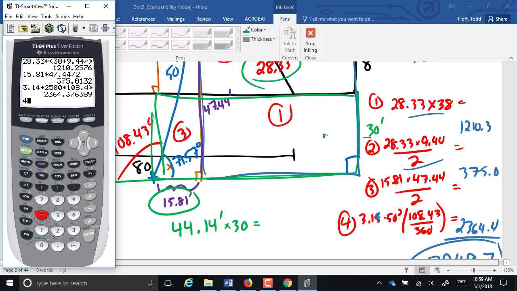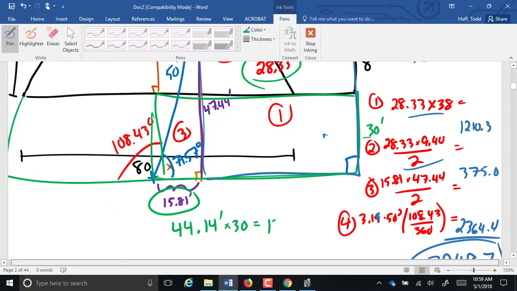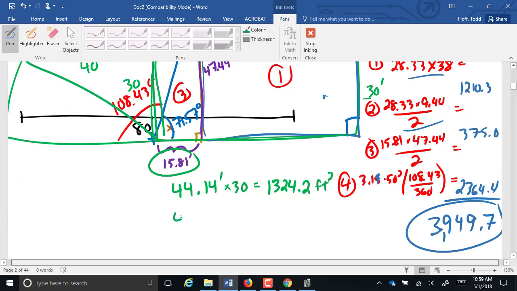So 1324.2. We have this triangle over here. This was 40 by 30 divided by 2. That'll be 600 square feet.